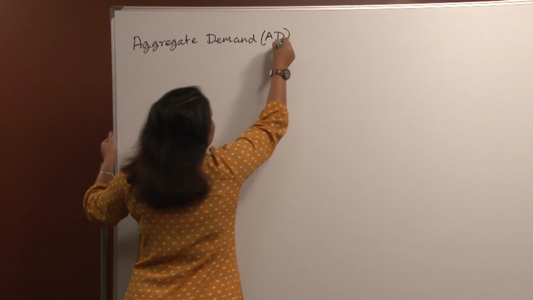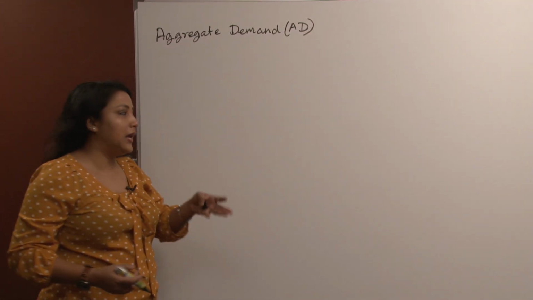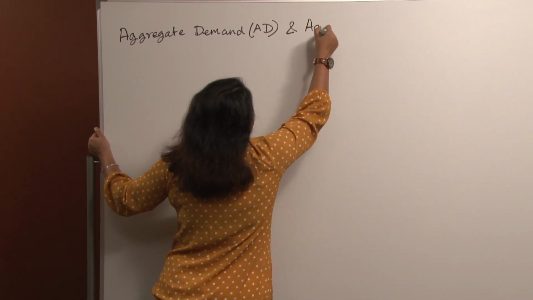Now, aggregate demand is also called AD and aggregate supply is called AS. So, we are going to talk about the AD and AS model today.